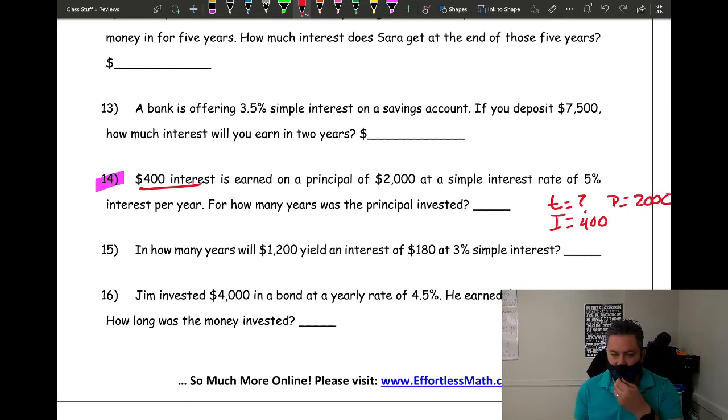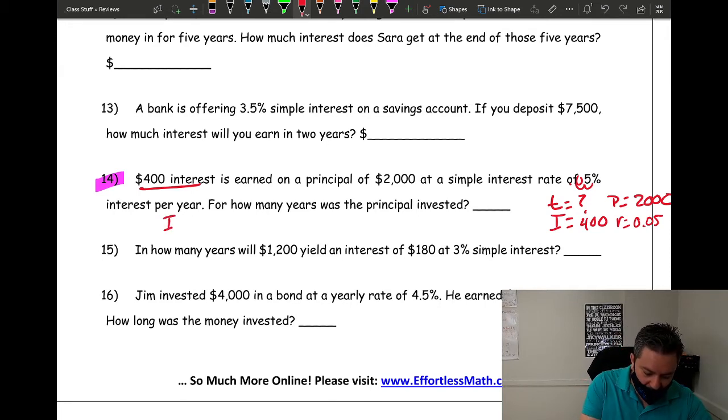And this is something that I want you to do all the time. Start labeling. Label your rate, your principal, and your time. And the rate is going to be 5%. But you can go ahead and write it as a decimal right away. And we're going to use the same formula, but we're going to have to manipulate it to find the time. So, I equals PRT.